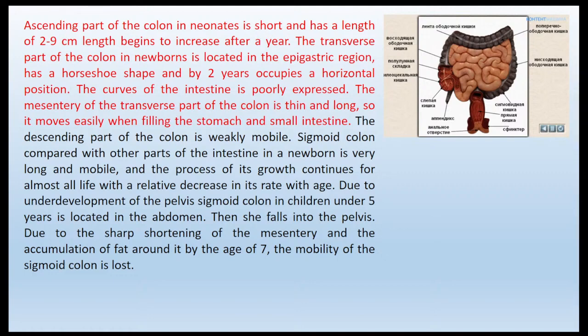The ascending part of the colon in neonates is short, about 2 to 9 centimeters, and begins to increase after a year. The transverse part of the colon in newborns is located in the epigastric region, has a horseshoe shape, and by 2 years occupies a horizontal position.